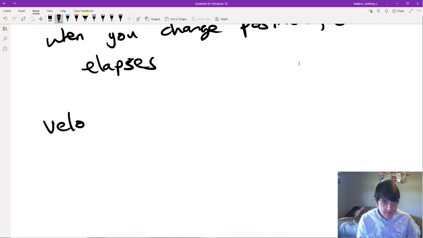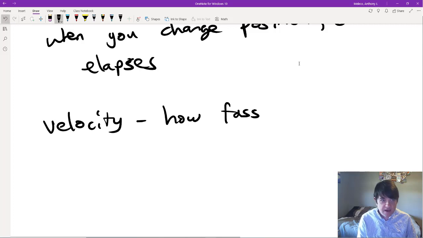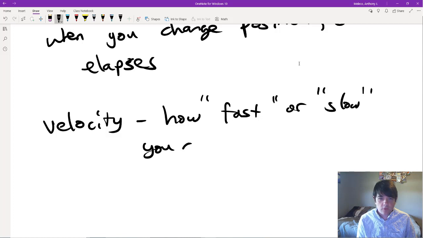So velocity is how fast or slow, putting quotes there because that's a very generic way to describe it, you change position. Okay?